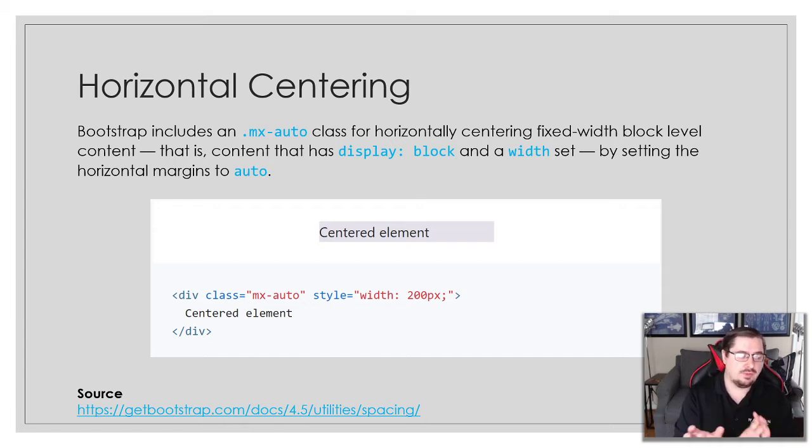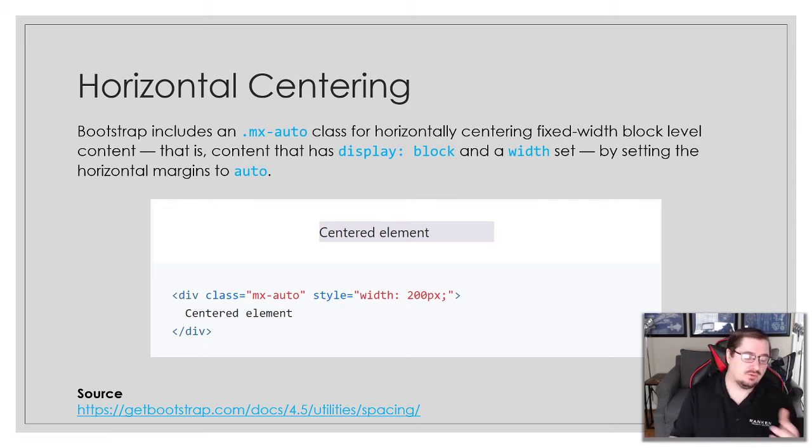And if you remember, the way that works is it ends up taking all the leftover space and using it as margin. So for instance, in this example here, we've set this element to be 200 pixels wide. If I say that this whole window is 800 pixels wide, well, that leaves 600 pixels of available space. If I divide that in half, that's 300. So I've got 300 pixels of margin here, 300 pixels of margin here. That results in it being centered.